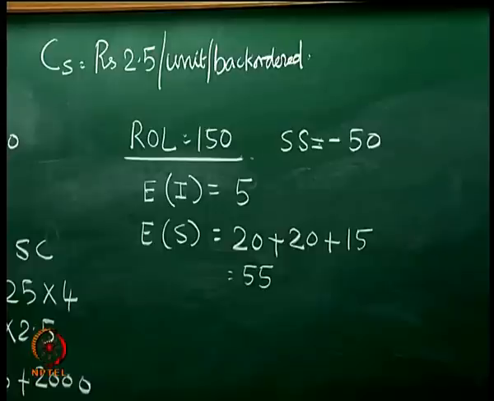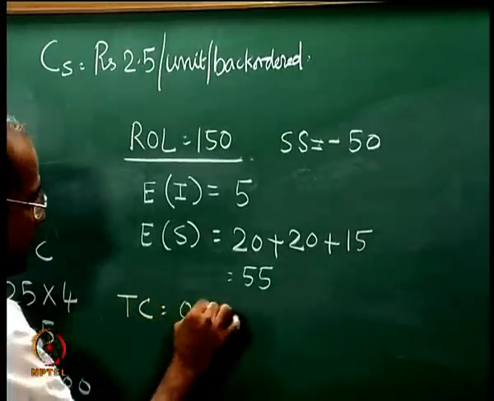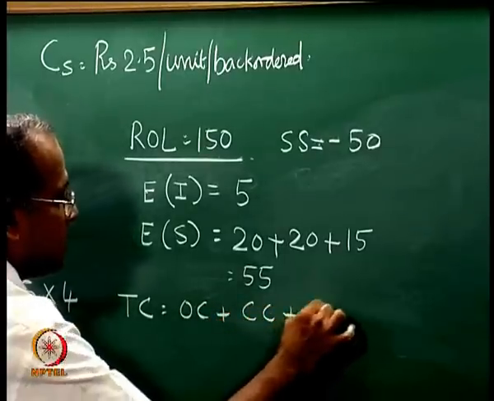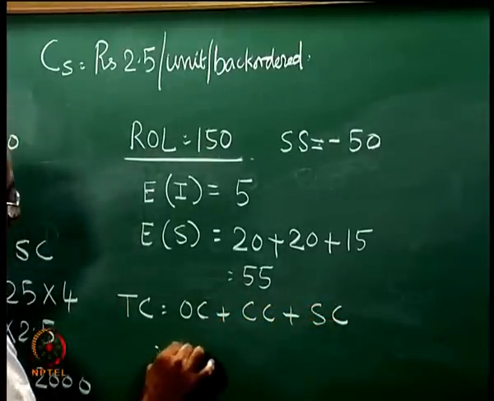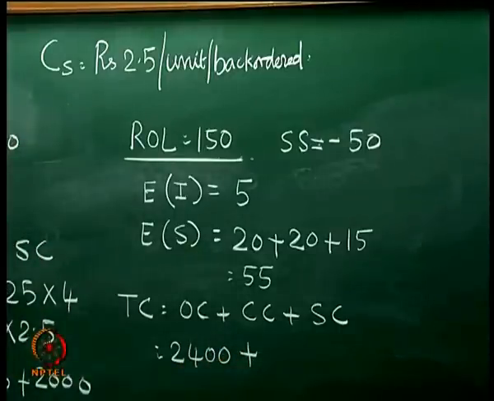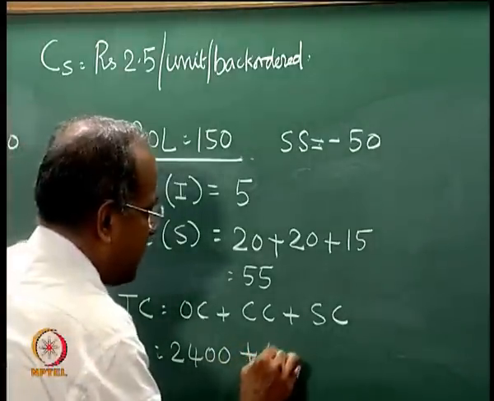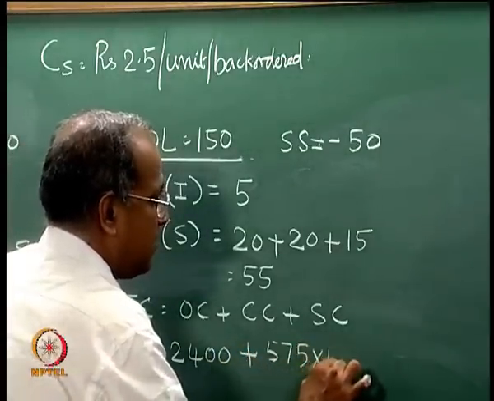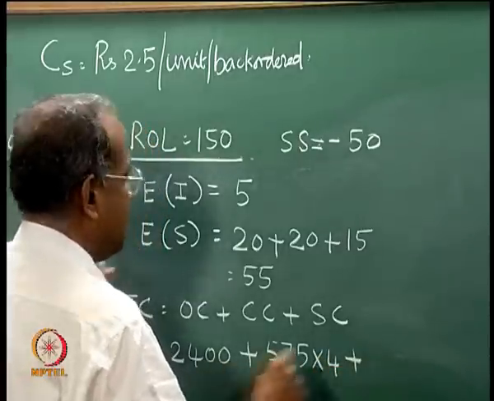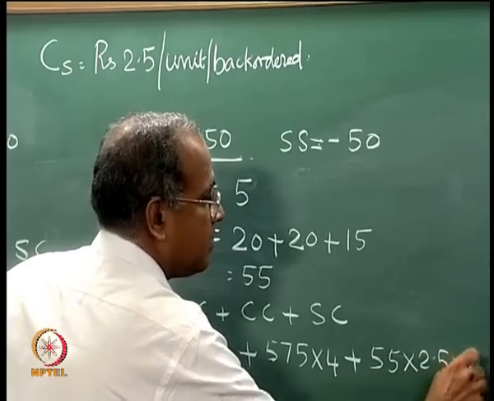So total cost will be order cost plus carrying cost plus shortage cost. So order cost is 2400 plus carrying cost is Q by 2 minus safety stock as a general rule. So 625 minus 50 is 575 into 4 plus 55 into 2.5 into 8.